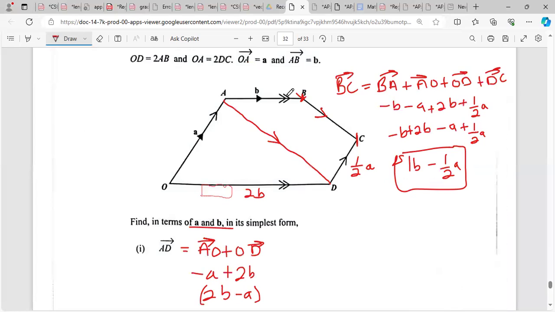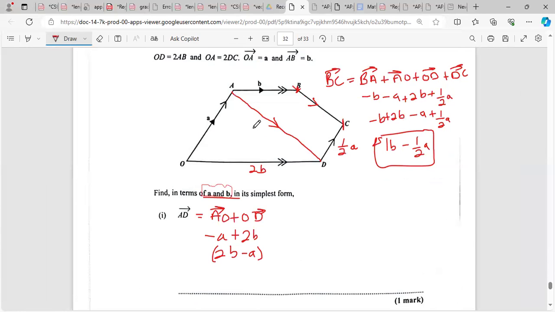They could be parallel. What was AD again? AD worked out to 2B minus A. And BC worked out to B minus a half A. So one is a multiple of the other. To literally multiply BC by 2, you would get AD.